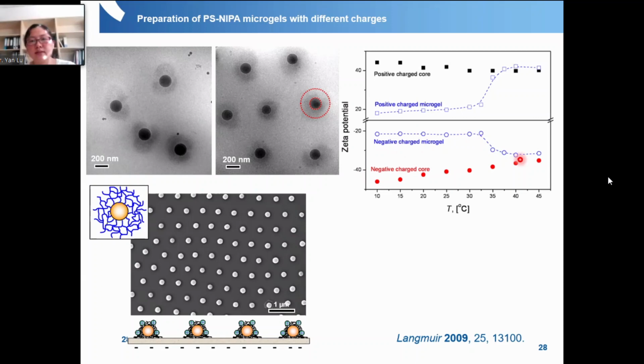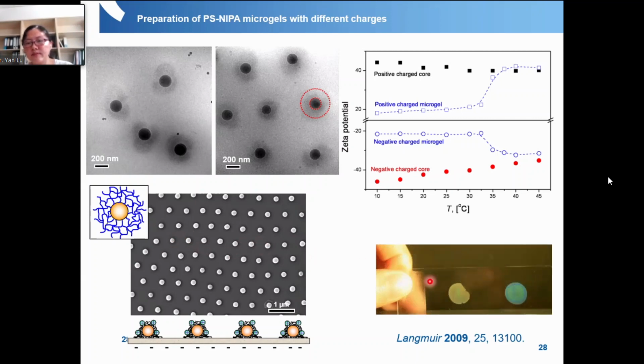And so with particles of different charge, depending on the substrate you use, you can get a homogeneous deposition of these particles on the substrate. You can see from the SEM here. And this is a photo of the film. Here, due to this ordered structure, you can get a kind of rainbow color from the film deposited on the substrate.